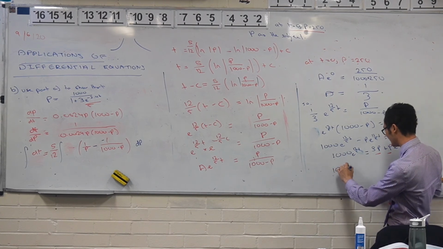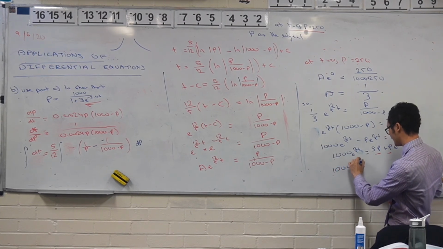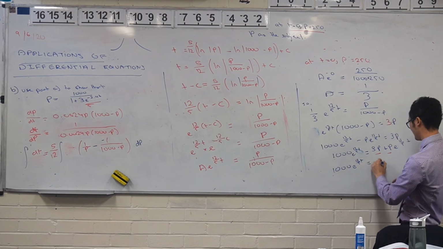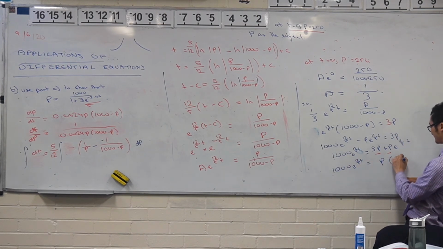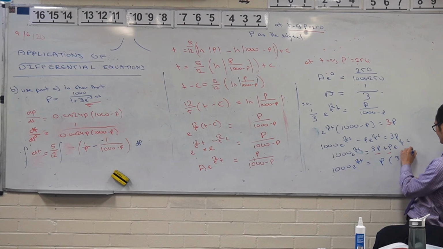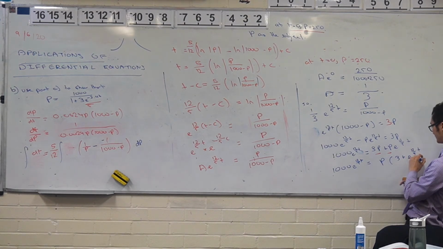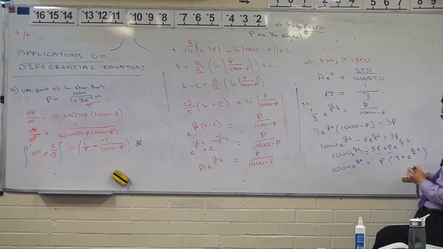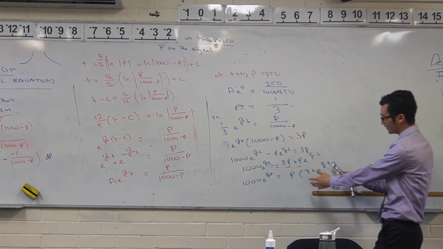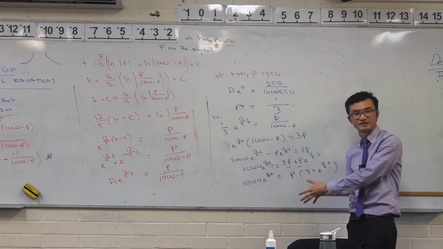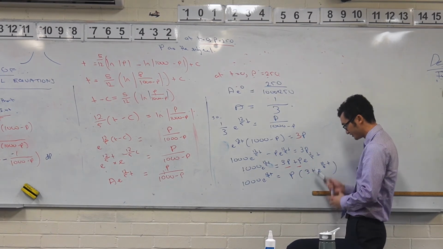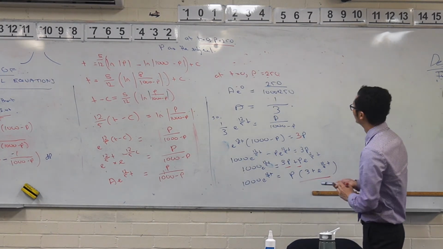So I haven't done anything here yet. Factorize out the p here. Now, because the whole goal is to get p as the subject, and we're very close, we just divide by this expression here.